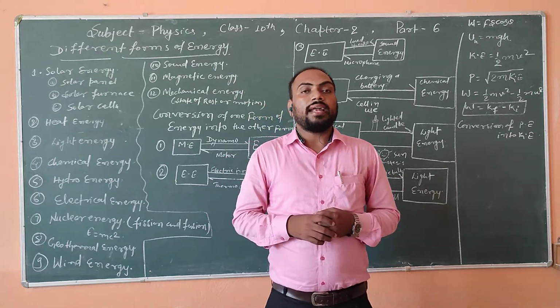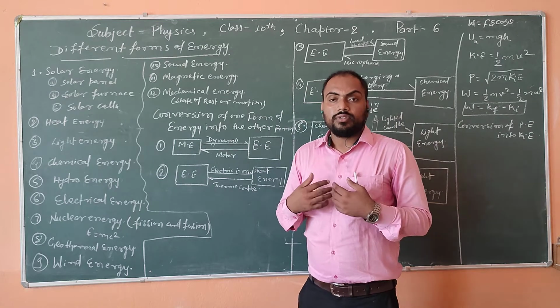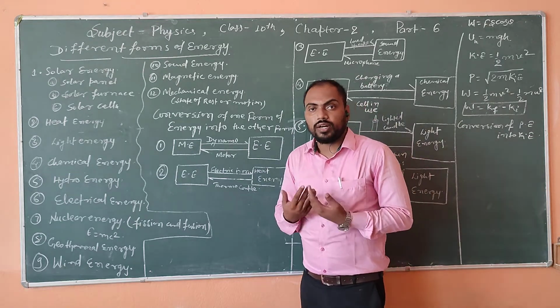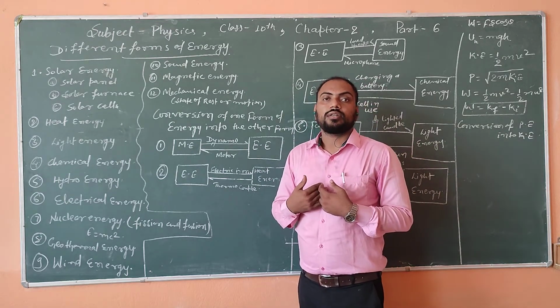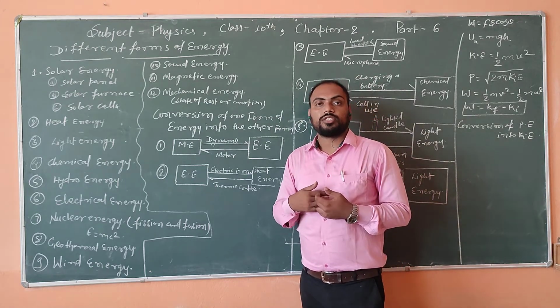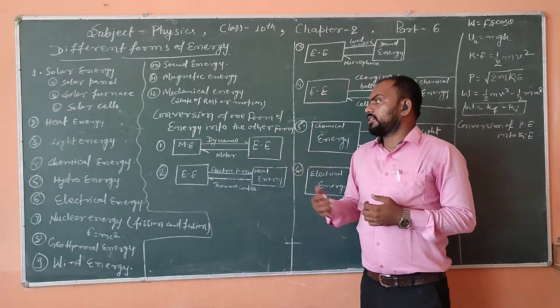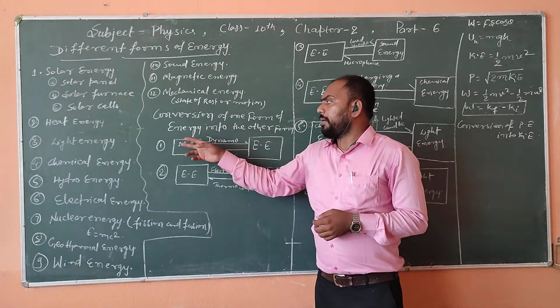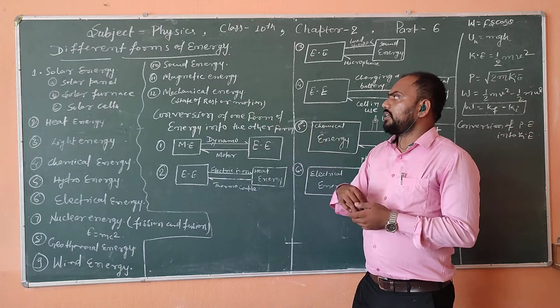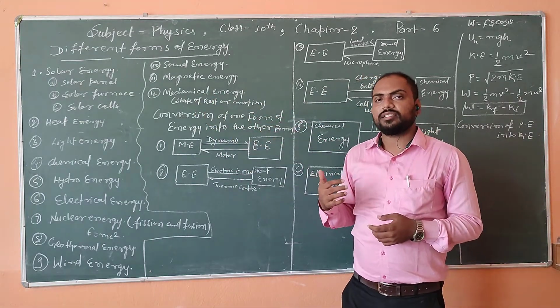For the utilization and the requirement, we convert one form of energy into different forms of energy. Okay, here I am starting from mechanical energy. As we know, mechanical energy is the sum of kinetic energy and potential energy.